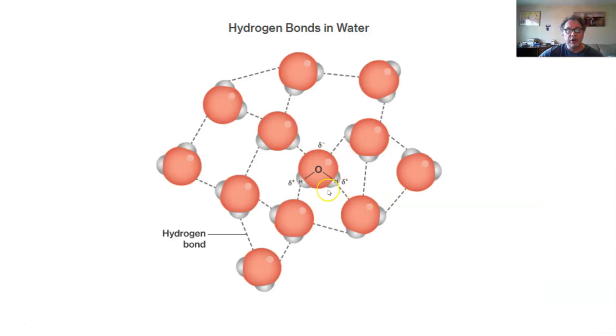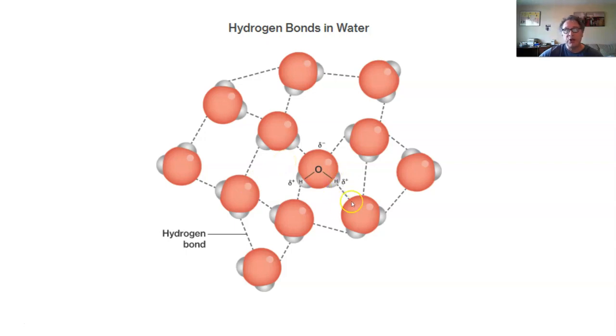Here for water, we have hydrogen bond donor, that's a hydrogen, H2O, OHH, that's the hydrogen bond donor, that's the hydrogen bond acceptor, and again, between water molecules, the dashed lines are between the white hydrogen and the red oxygen. These are hydrogen bonds, the hydrogen bonded network in water.